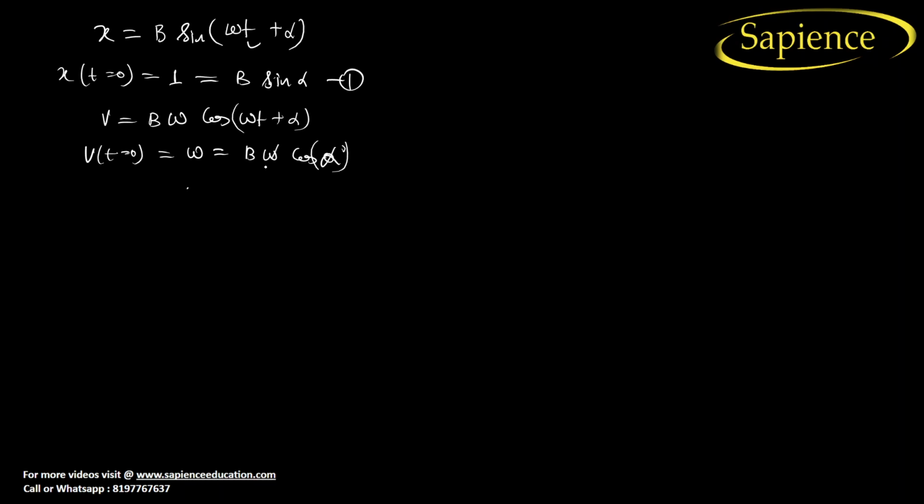So cos alpha is omega got cut down. So b cos alpha is equal to 1. b sine alpha is equal to also 1. So this is equation 2, and this is equation 1.